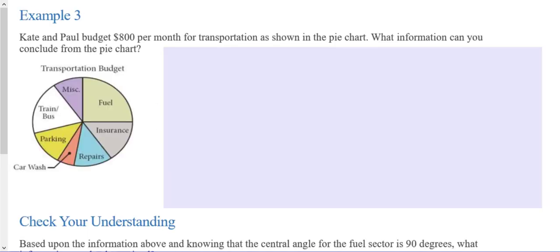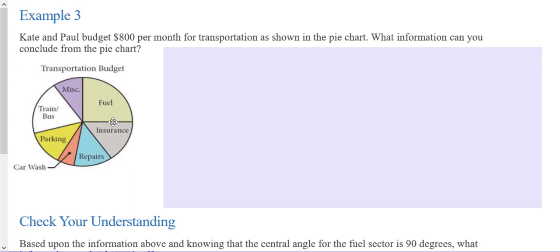Okay, in this example, we're given a pie chart and they tell us the budget's $800. But if you look at that pie chart, they didn't give us any percents. And we don't have a protractor or the central angles listed, so we can only guess what we think some of the information represents. To me, the fuel budget looks like it's about a quarter of the budget.